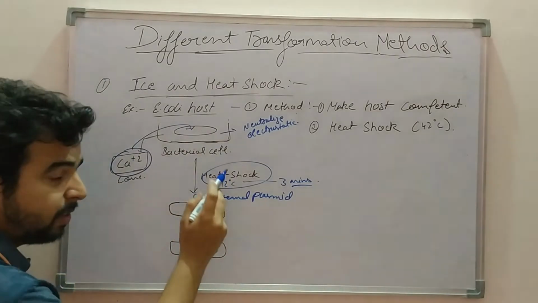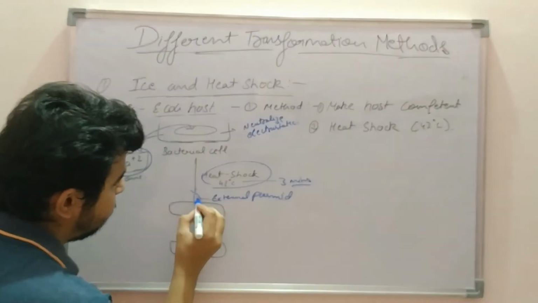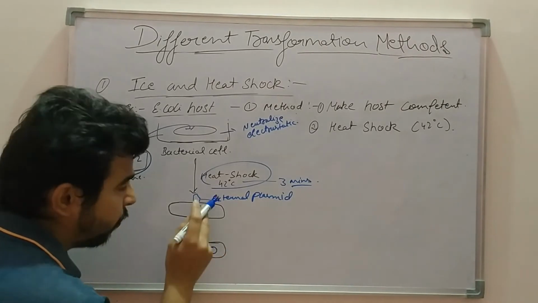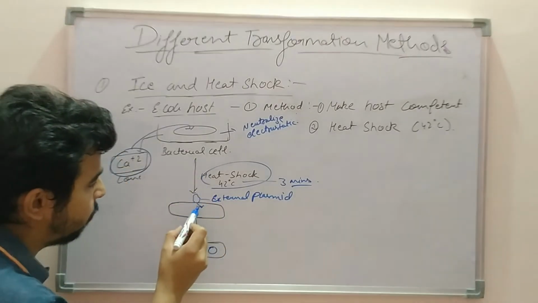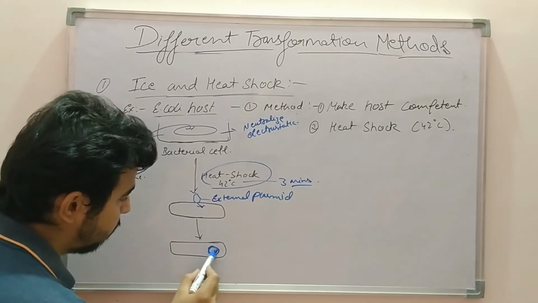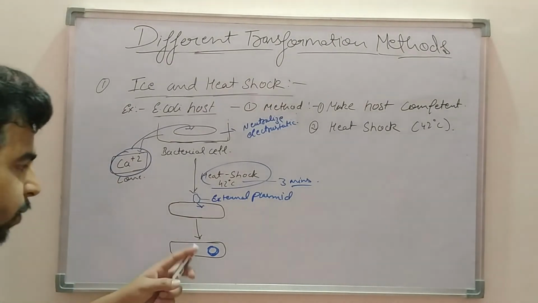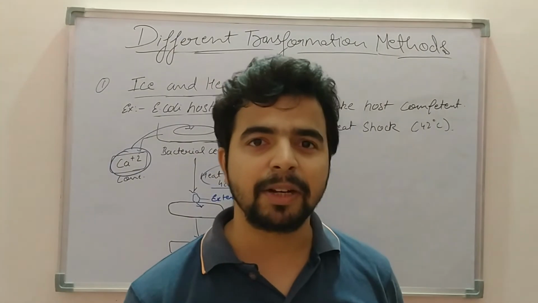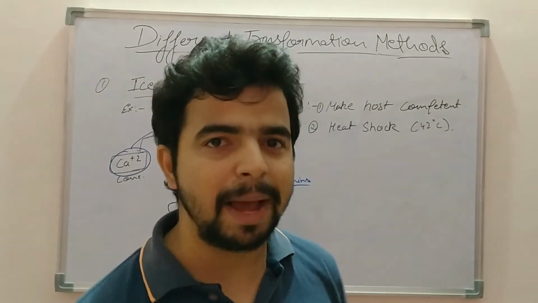With this heat shock, the external plasmid will penetrate into the E. coli cell through the plasma membrane, and finally it will make a place for itself in the cell of E. coli.